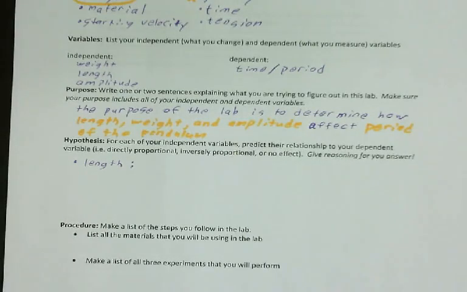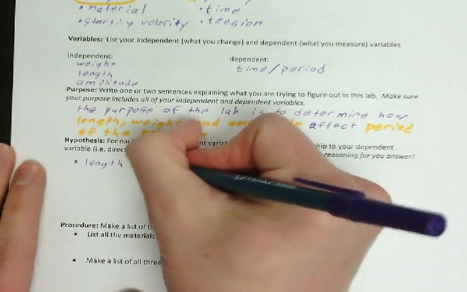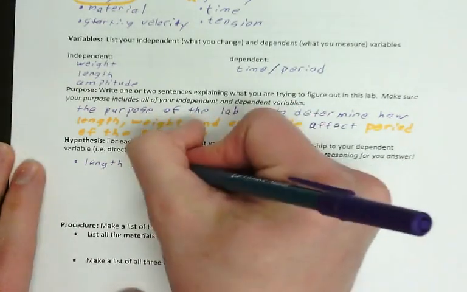Okay? So, let's see. Hudson, you're the lucky winner. What do you think the effect is going to be that length has? Do you think it's going to be directly proportional, inversely proportional, or have no effect? Directly proportional. I like it. So Hudson thinks it's going to be directly proportional.